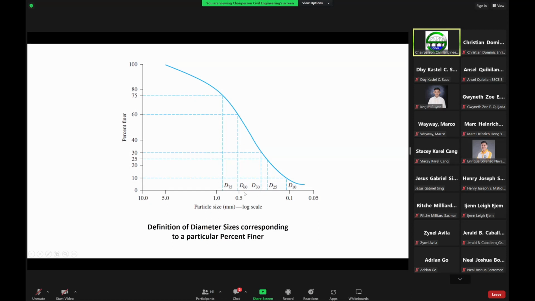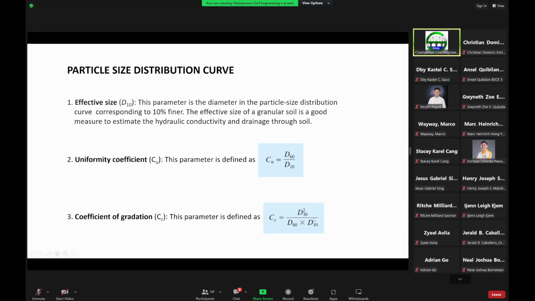You just have to complete the scale here so that you can easily find the value. And then for D10, that's this one here, so probably this is the value for D10. Then these values in millimeters, you can substitute here to get these parameters, which are also mentioned later on when we do the soil classification, the unified soil classification system.